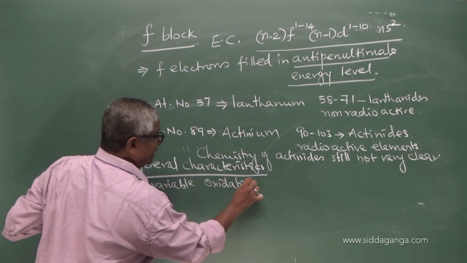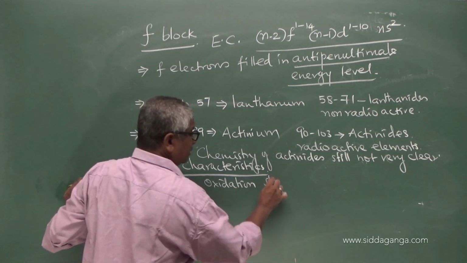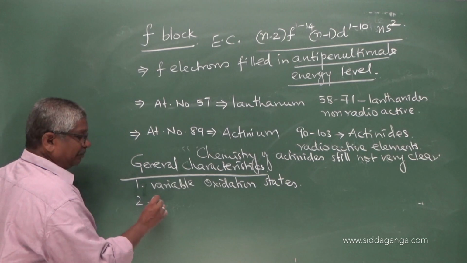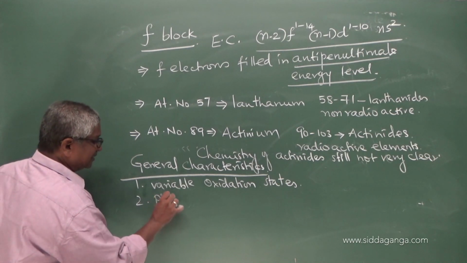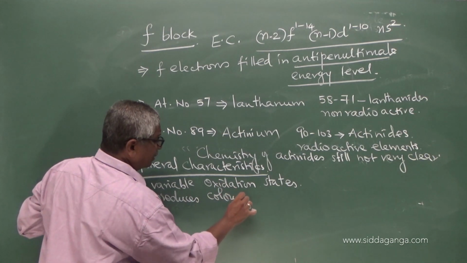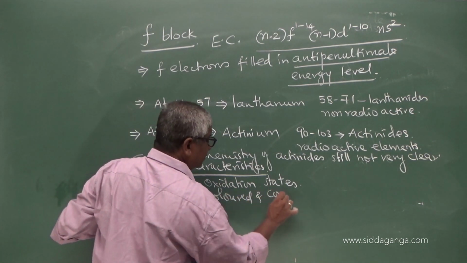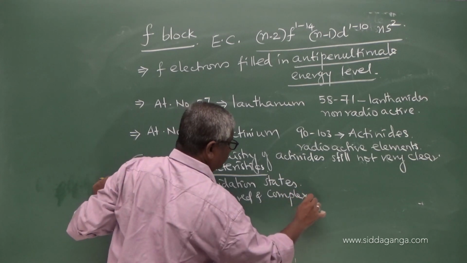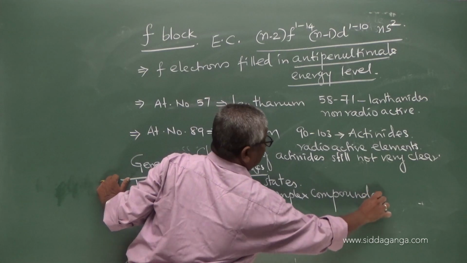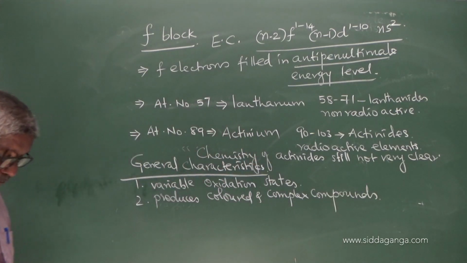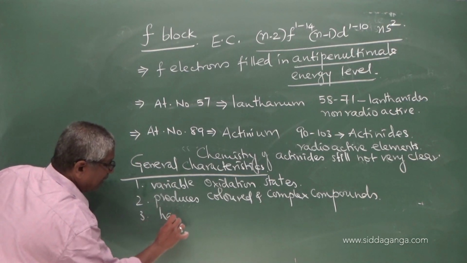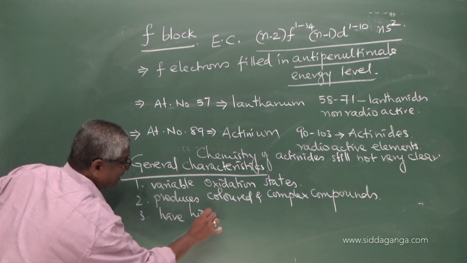Variable oxidation state means the compounds can produce colored and complex compounds. Colored and complex compounds, and they have high density.